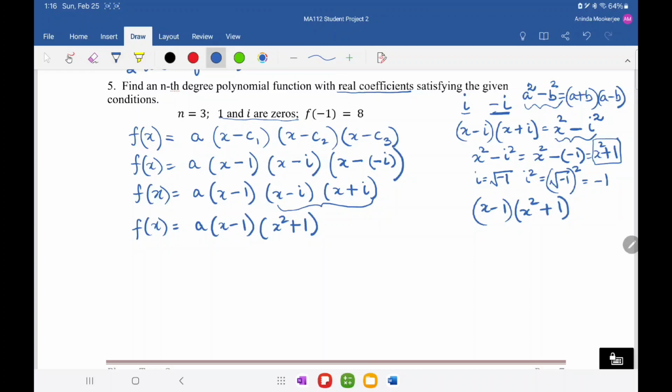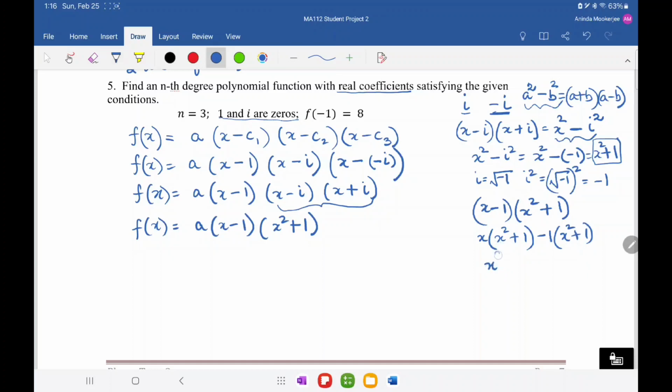I'm going to write out the FOIL because it's easy to make a mistake if you're doing everything in your head mentally. All right, so just write it down. It makes things so much easier. x times x squared plus 1 and then minus 1. Take the second term of the first binomial, which is -1, times x squared plus 1.